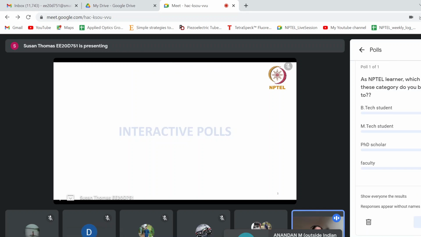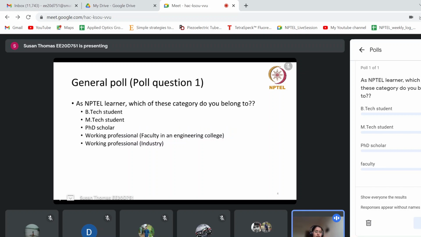This is a general poll question. You can try to learn how to use the poll. Down right, under activities, you can find this poll. You can access the poll and choose your option. The question to ask you all is: as an NPTEL learner, which of these categories do you belong to?